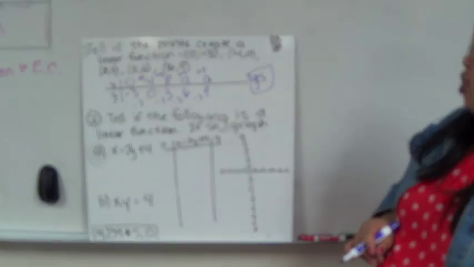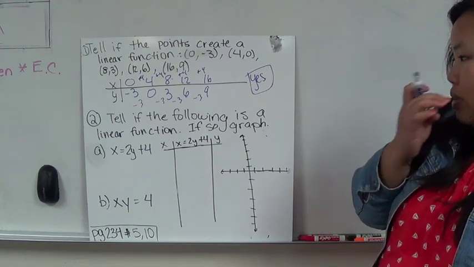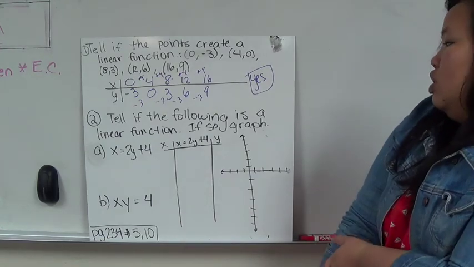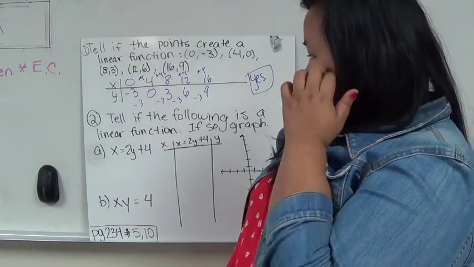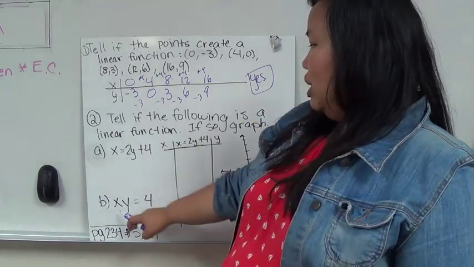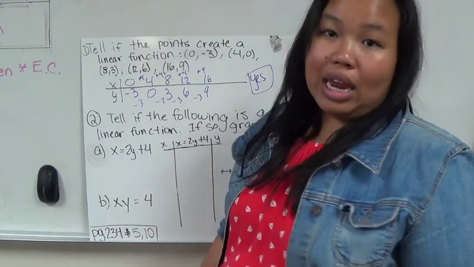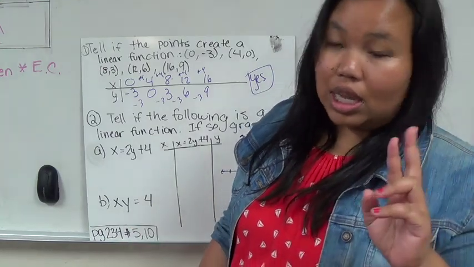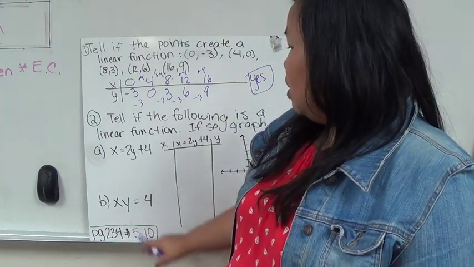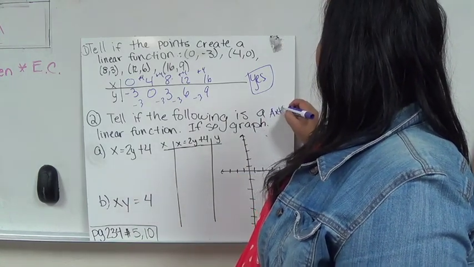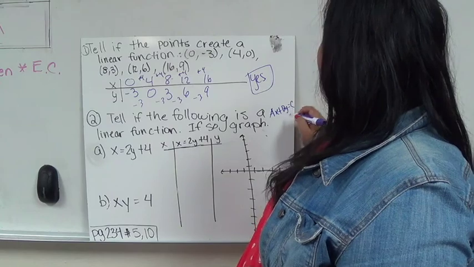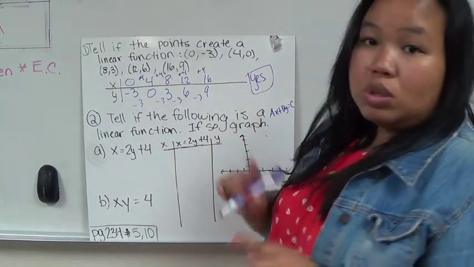Number 2 is to tell if the following is a linear function. If so, graph. Let's start with this one. This has x times y, and a linear function can't have that multiplication together. It has to be in the ax plus by equals c form, and x and y can't be multiplied with each other.